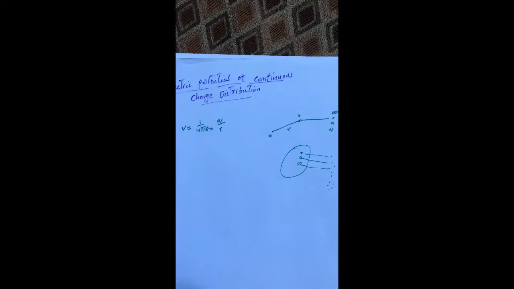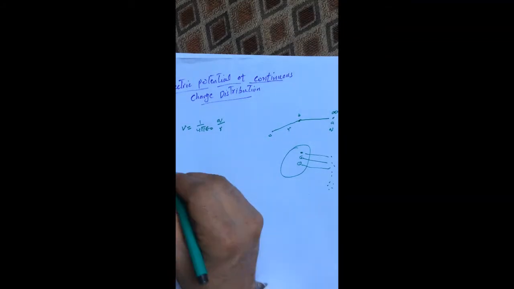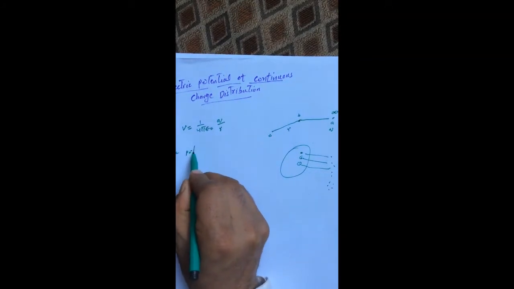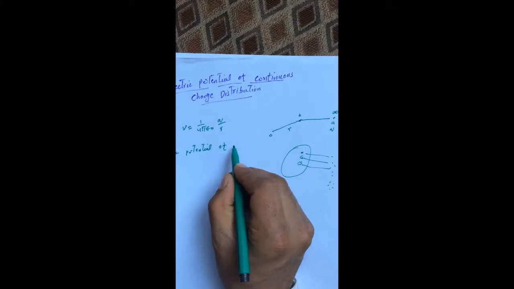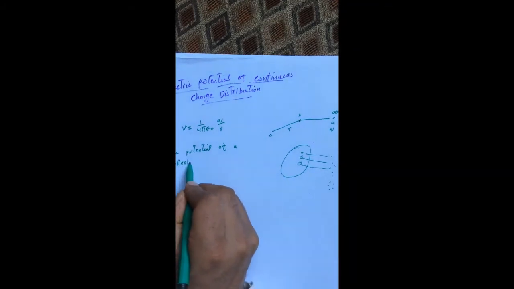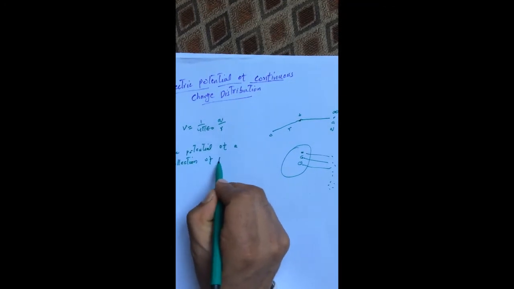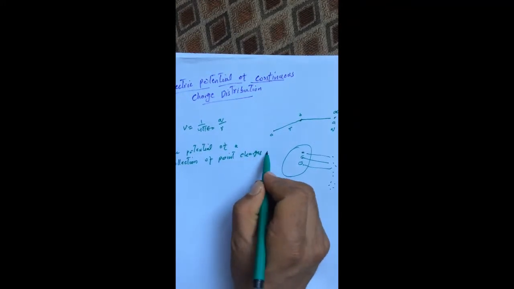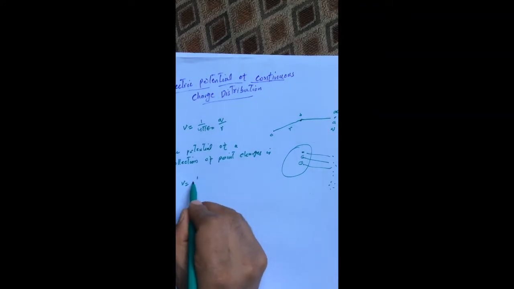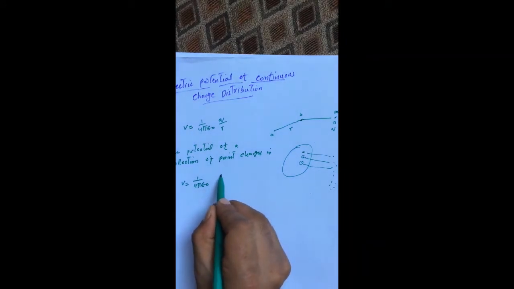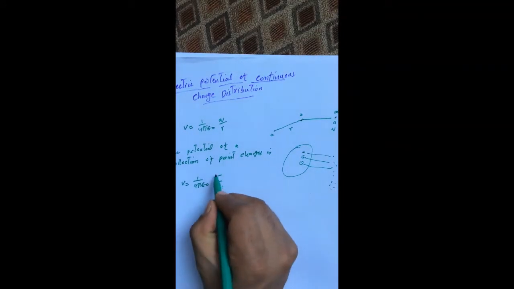Then we know that the potential of a collection of point charges is V is equal to 1 over 4 pi epsilon naught, and we have the summation, i from 1 up to n.